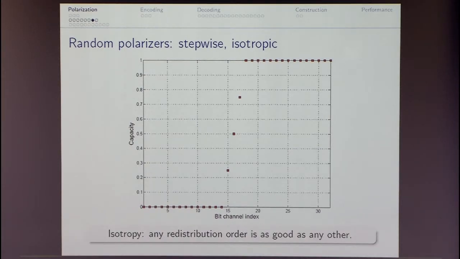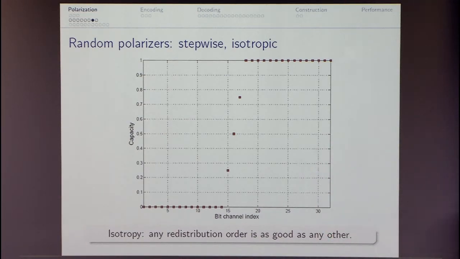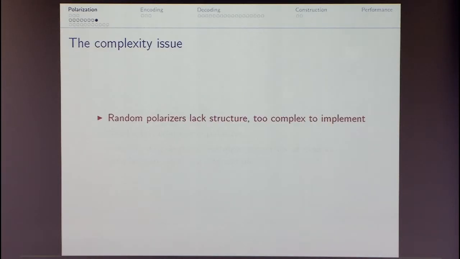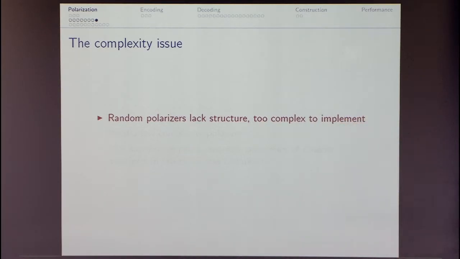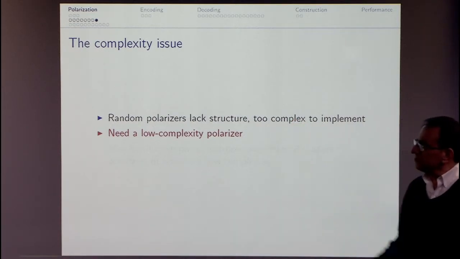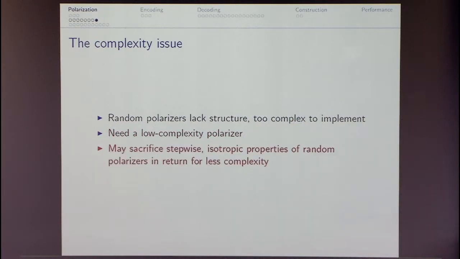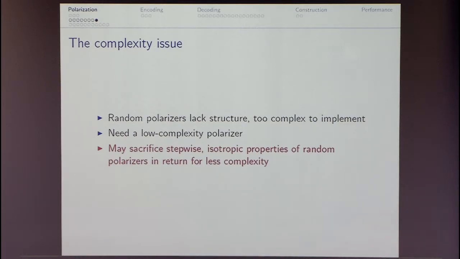Okay, I'm saying these things in order to point out what is different when we speak about this other transform based on a recursive structure. So the random polarizers, they lack structure, hence they are too complex to implement. It is like choosing a random linear code. So it would be desirable to have a low complexity polarizer. In doing this, we can give up certain things.